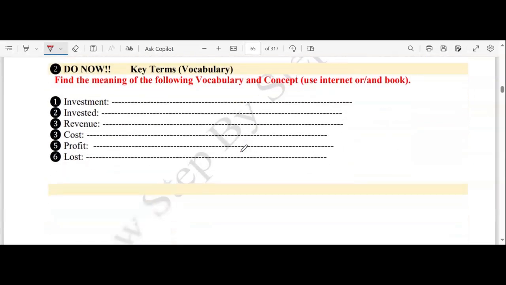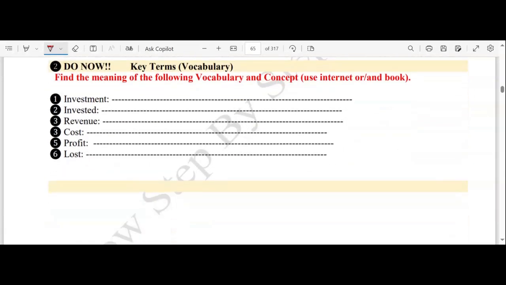You have some vocabulary words here. You need to search for their meaning on the internet or in the book: investment, invested, revenue, cost, profit, loss. What does investment mean? And invested?